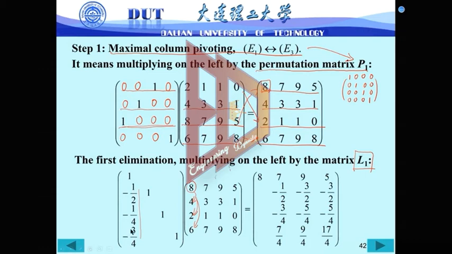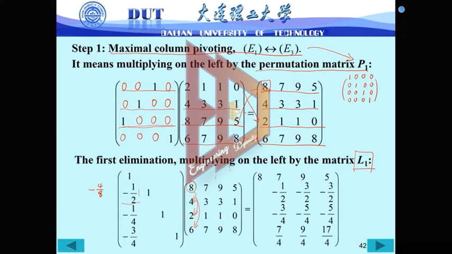Each multiplier is a minus ratio. The numerator is 4, actually it should be minus 4 over 8, because 8 is the denominator. So it is minus 1 over 2.